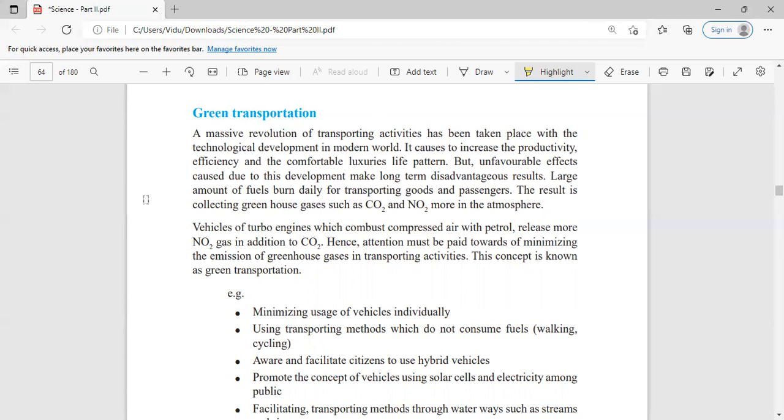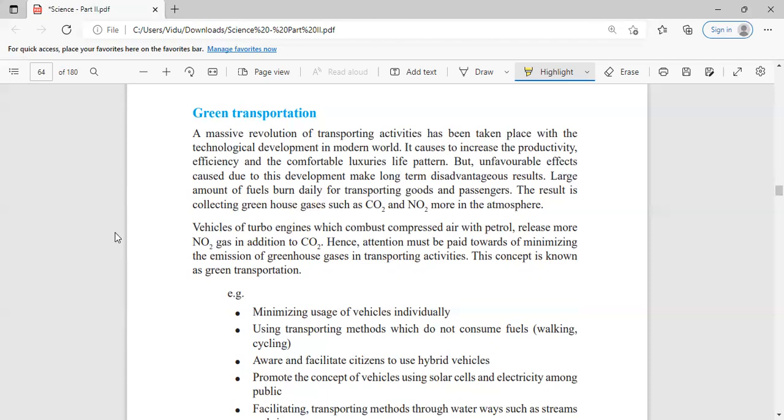Vehicles with turbo engines, which combust compressed air with petrol, release more nitrogen oxide gas in addition to carbon dioxide gas. Hence, attention must be paid towards minimizing the emission of greenhouse gases in transporting activities.